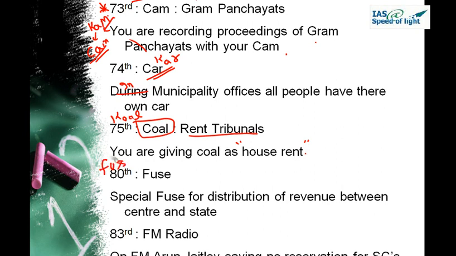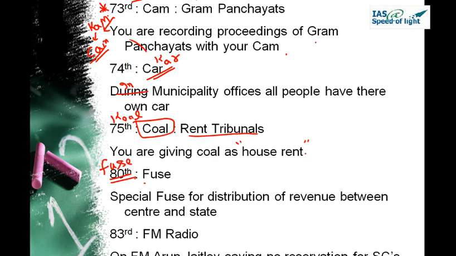80th Amendment Act, 8 is F for us and 0 is S. So it becomes fuse. So the 80th Amendment Act, it's again a very important act, and it gave an alternative scheme for the revenue sharing between the center and states.